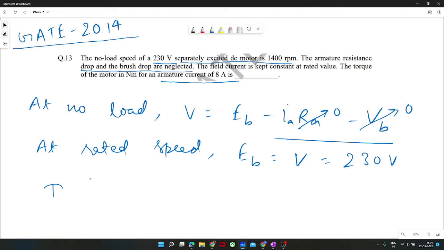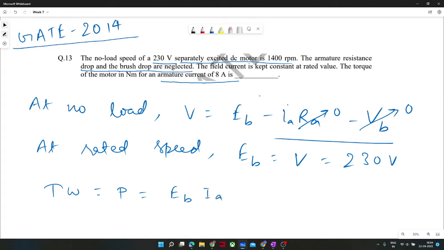Can anybody tell me what is the relation between torque and power with rated speed or any speed? Yes, power is equal to torque into angular velocity. Perfect. So power is equal to torque into omega. We will apply this formula, and the power developed here will be EB into IA.